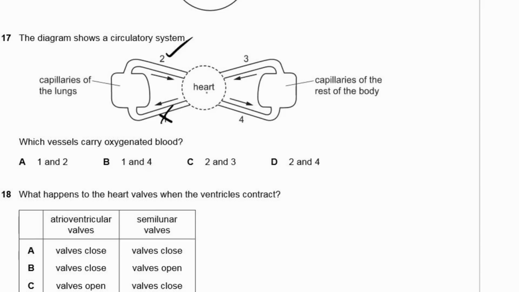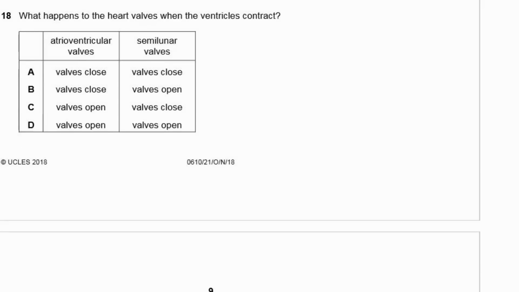And then it goes through the heart, is pumped through, containing oxygen, it hasn't been used up, and to the body cells. And once it's in the body cells, it uses up the oxygen and goes back to the heart so it can get more. So it's not 3. So the answer here is 2 and 4. D. There we go.